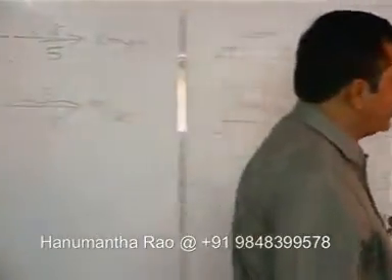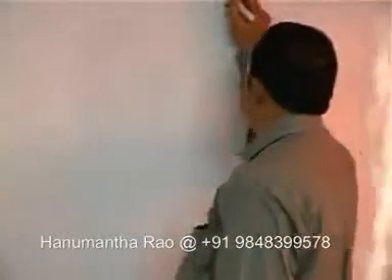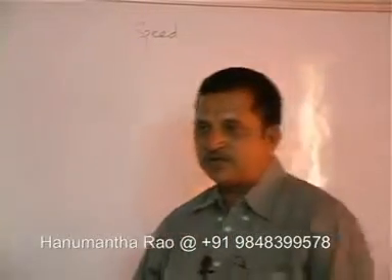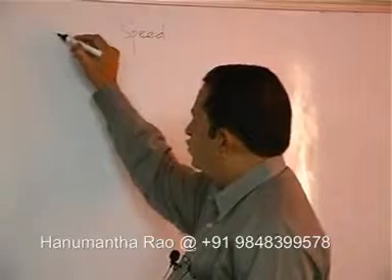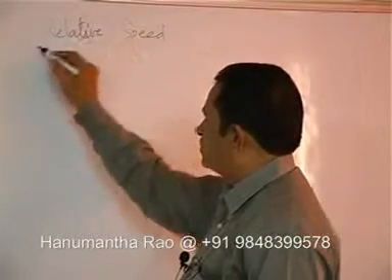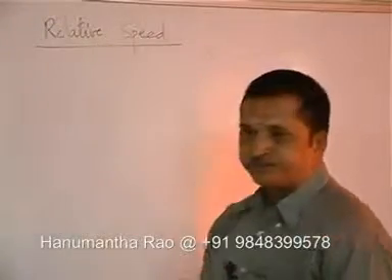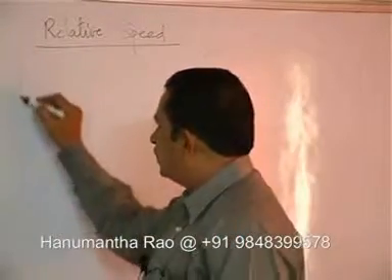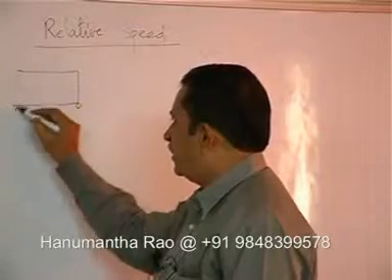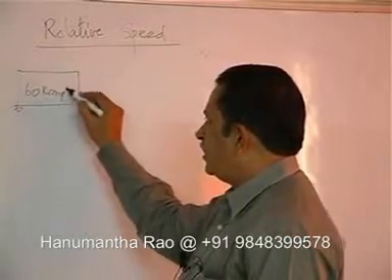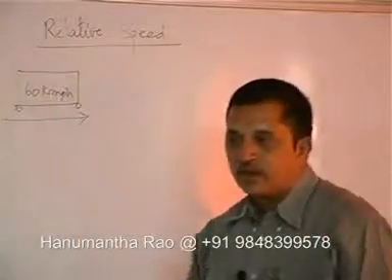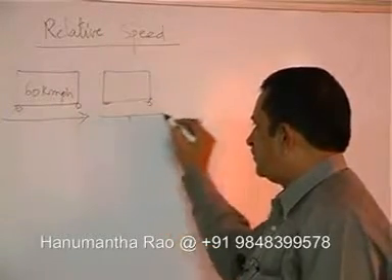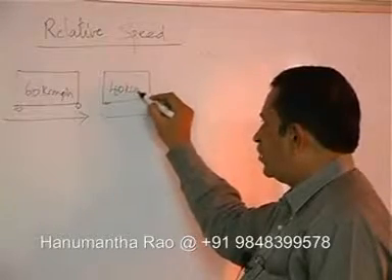And coming to the speed point of view, when we are talking about two trains, we call it the relative speed of the two trains. Relative speed. Suppose one train is traveling with a speed of 60 kilometers per hour, and another train is already moving in the same direction with a speed of 40 kilometers.